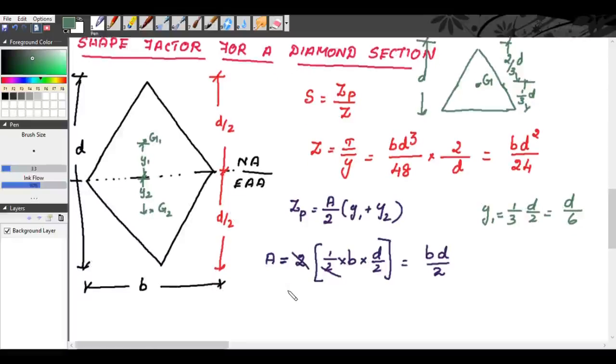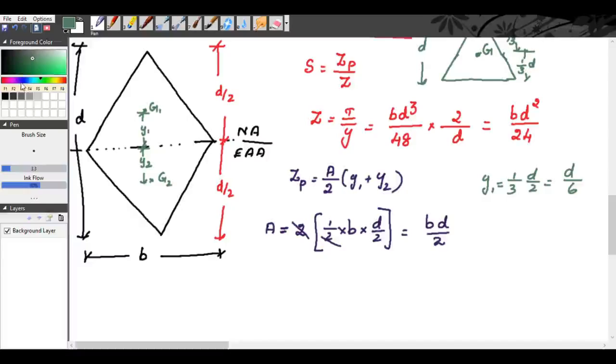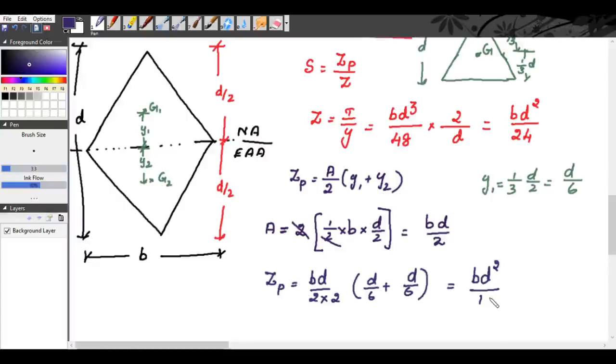So now we can substitute, we get ZP is equal to area by 2. Area is BD by 2 into 2, this 2, multiplied by Y1 is D by 6 plus Y2 is D by 6. So we get ZP is equal to BD square by 12.